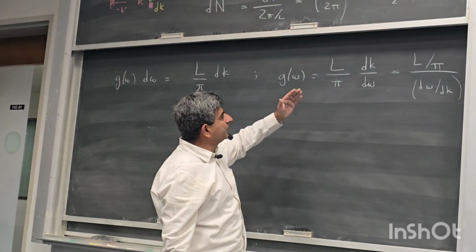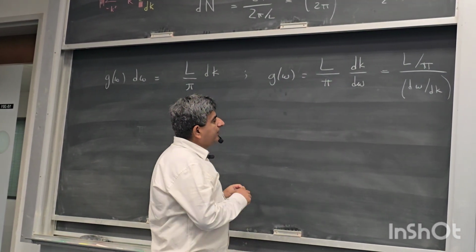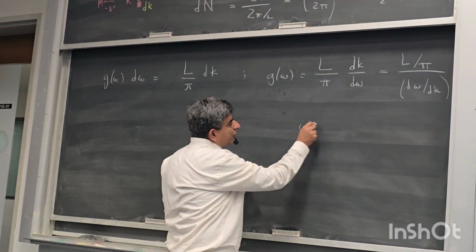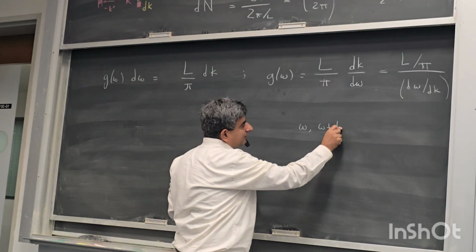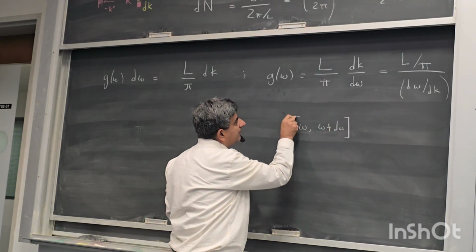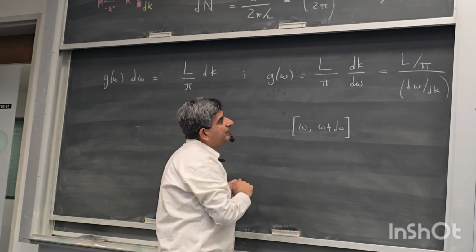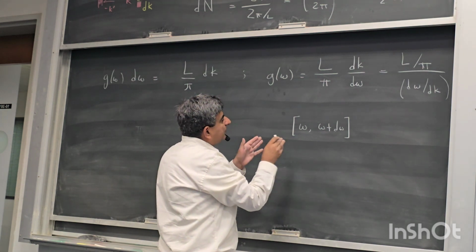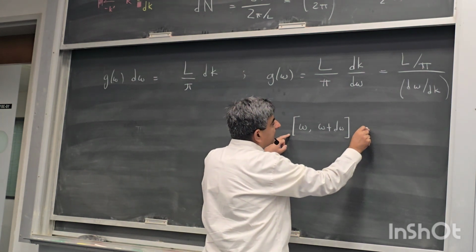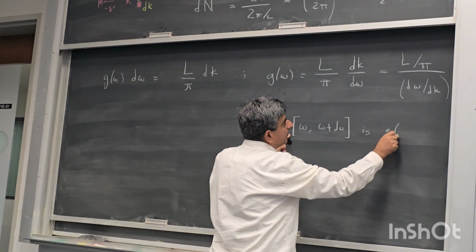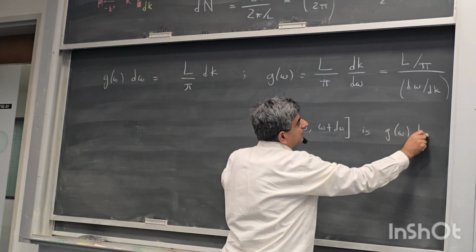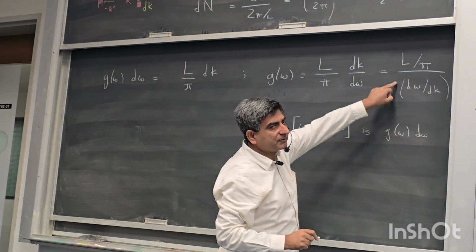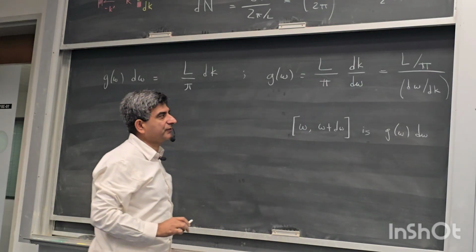Which means that between omega and omega plus d omega, in this interval, the number of modes that will exist is g omega d omega, where g omega is given by this. That's the meaning of the density of states.